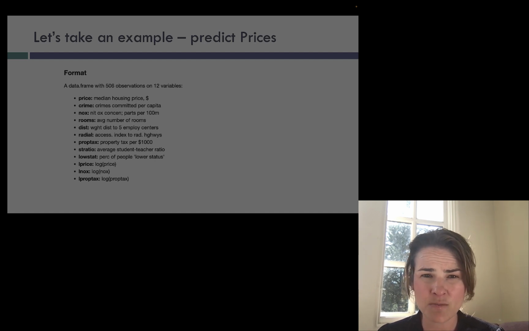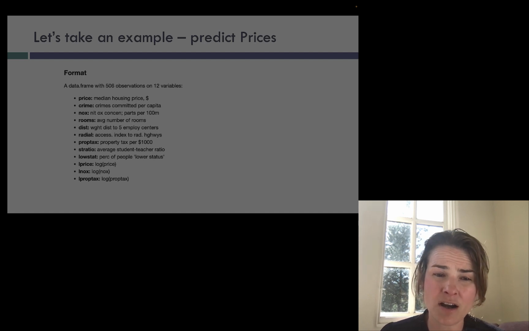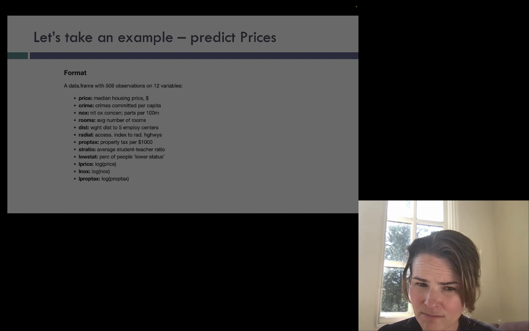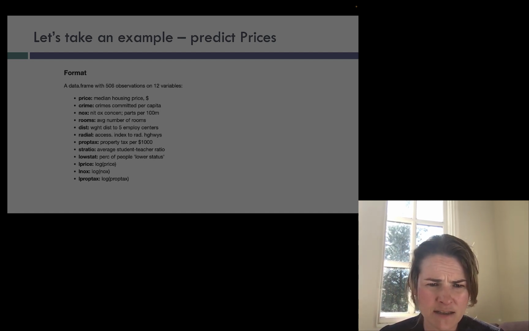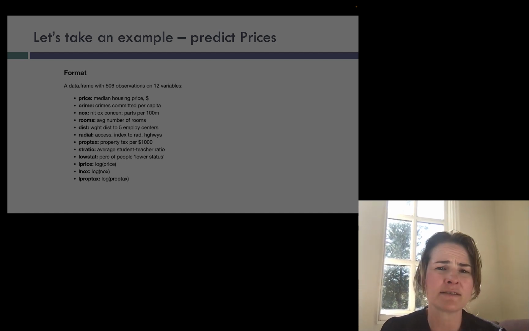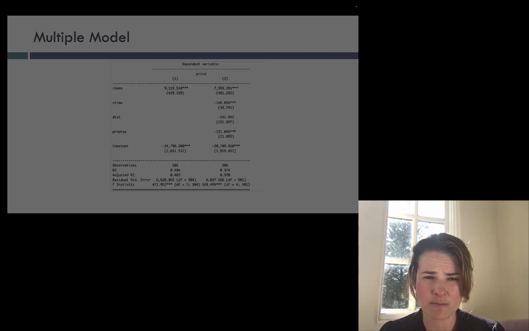So this is the median housing price in a neighborhood based on crime rates, the nitric oxide concentration, the average number of rooms in a home, the average distance to 5 employment centers, the access index to the radius of highways, property taxes per $1,000, average student-teacher ratio, low status, right? The percentage of people in a neighborhood with low status, and it also includes some logarithms of that stuff, though we're going to use R to calculate our logarithms.